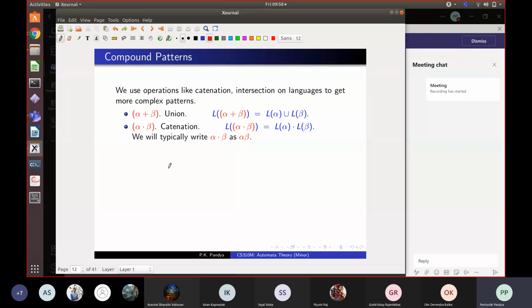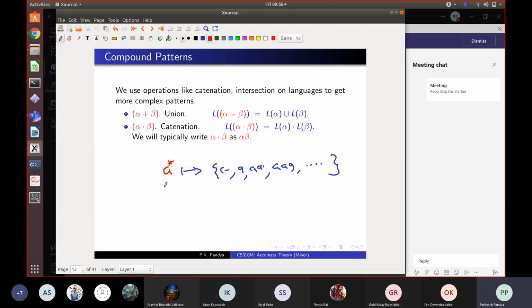Suppose I have got A star as an expression. What will this denote? This will denote words epsilon, A, AA, etc. It will denote a language like this, and so on. Arbitrary number of A's.